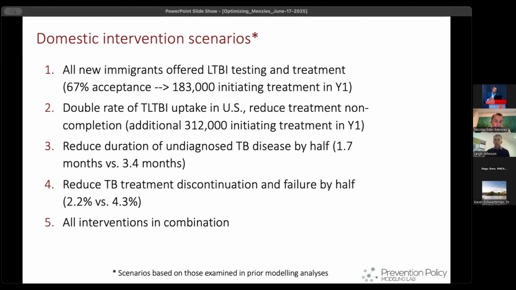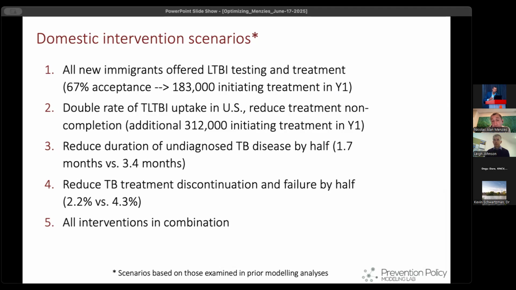We also looked at what might be the impact of interventions that would reduce the duration of undiagnosed TB disease. So that's increased case finding. Honestly, it's unclear how this would be done, but we wanted to see what happens when we turn this lever of case finding. And then the fourth one is reducing TB treatment discontinuation and failure.